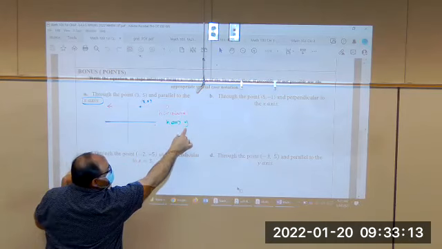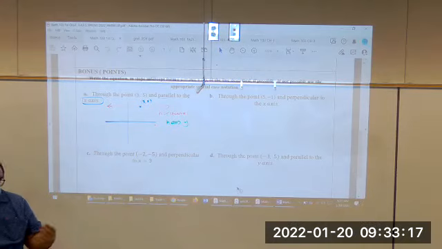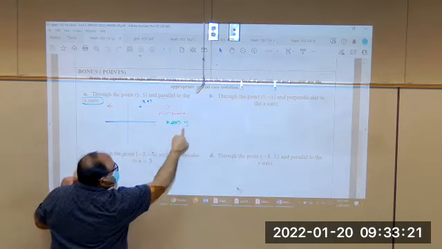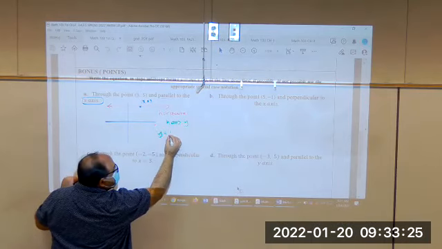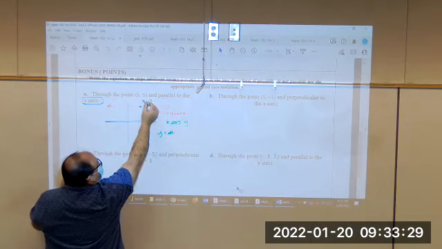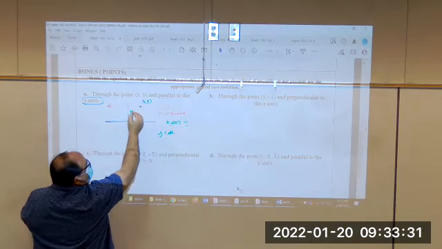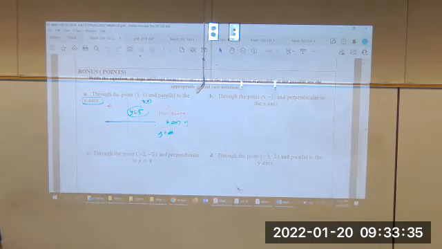So the H resembles, use your imagination, because you got to remember somehow. H resembles a Y, horizontal, so this is going to be Y equal to a number. And what number is the Y? It's a 5. This is just Y equals 5. That's the equation of that line. Done.